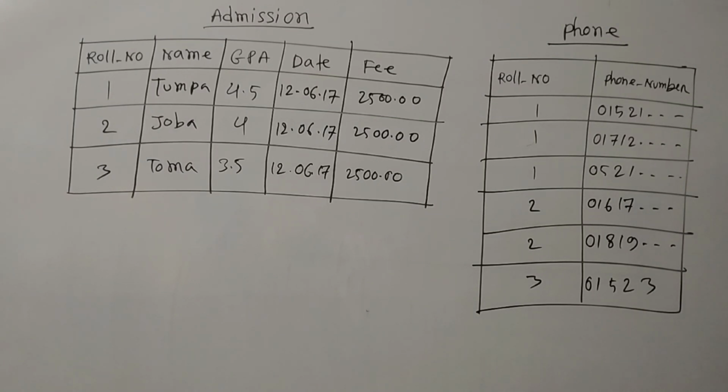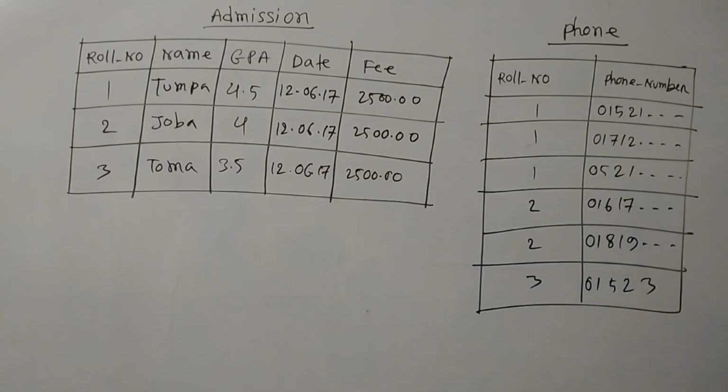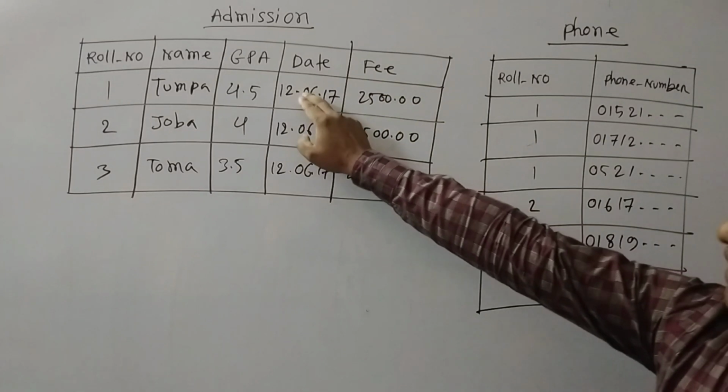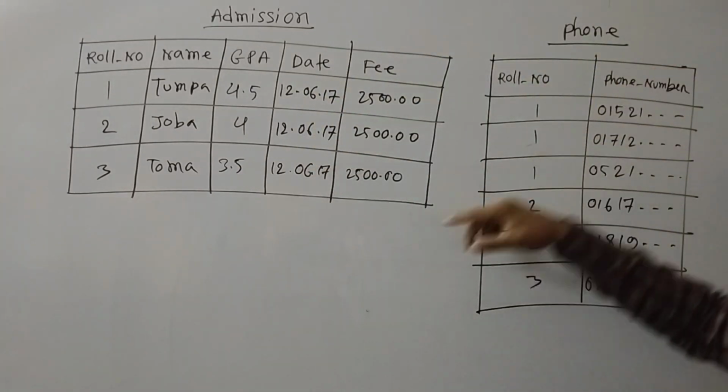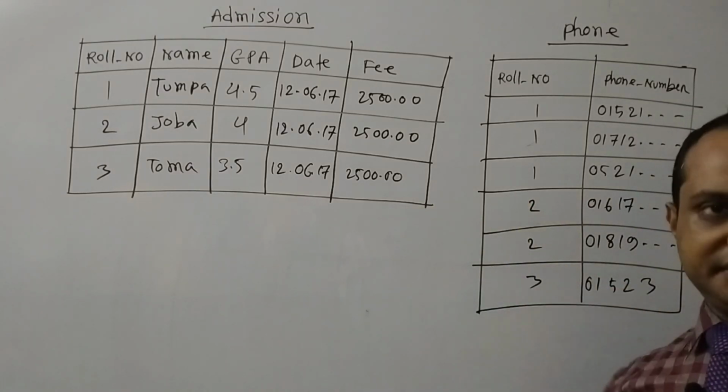In the meantime, you have learned different types of relationship in database: 1 to 1, 1 to many, many to 1 and many to many. But this relationship will be 1 to many because 1 record of admission table is related with more than 1 record of phone table. For this reason, the relationship will be 1 to many.